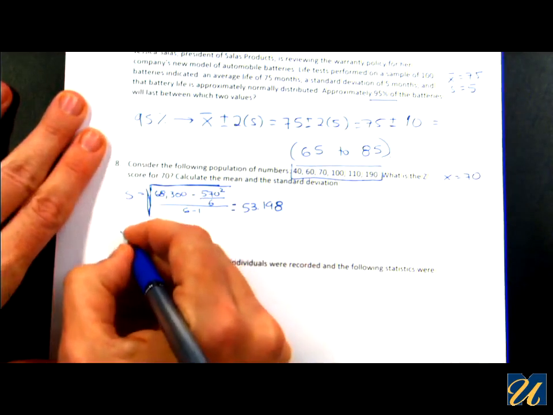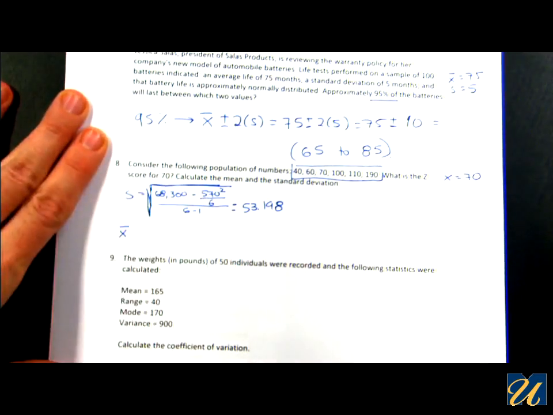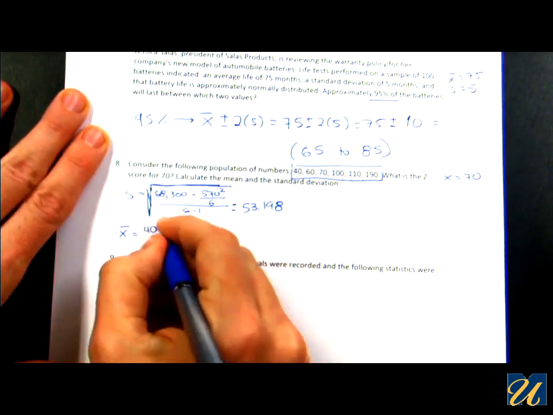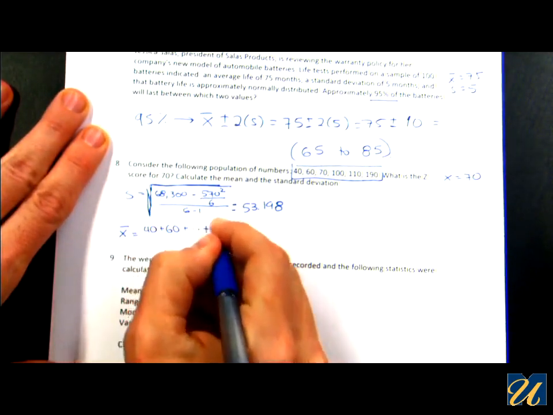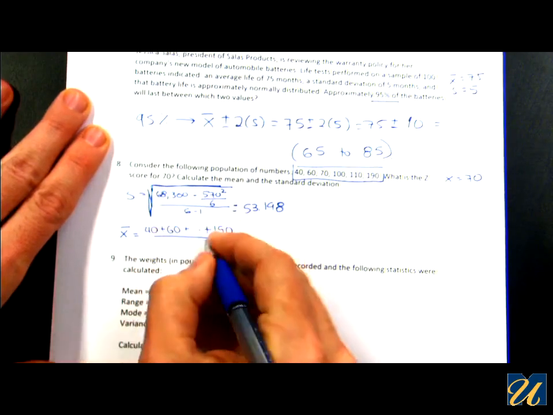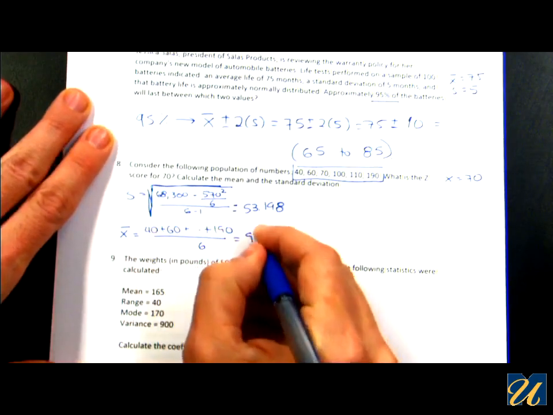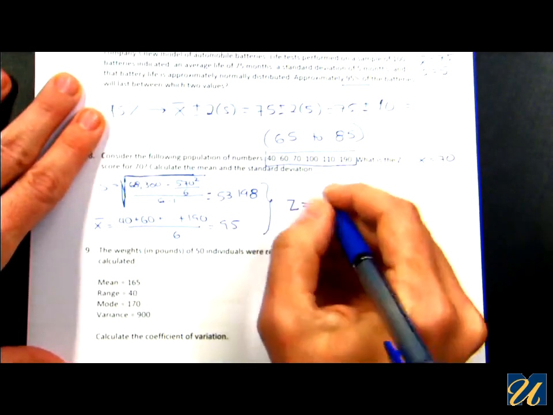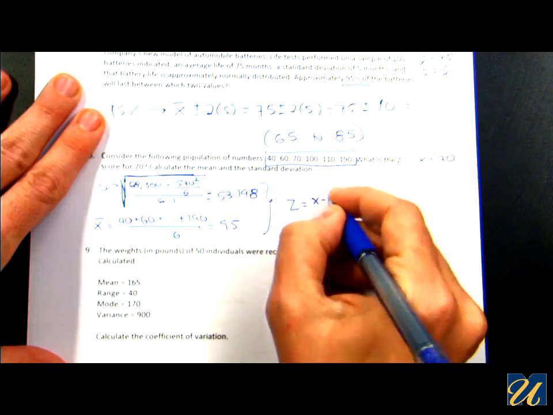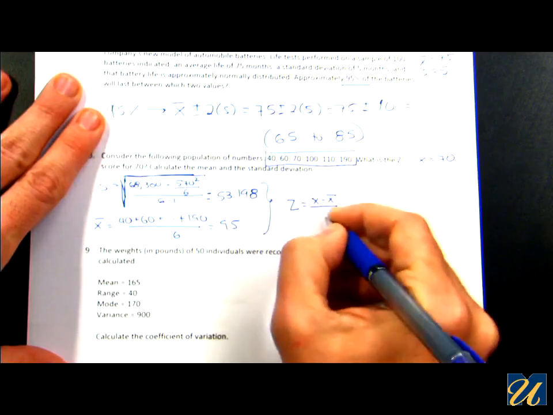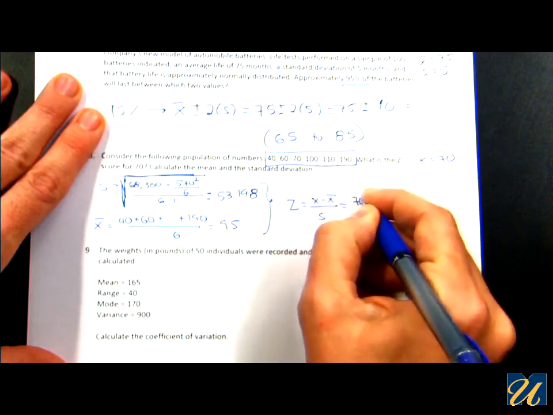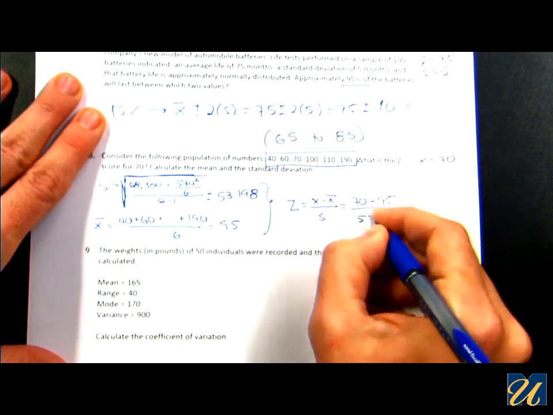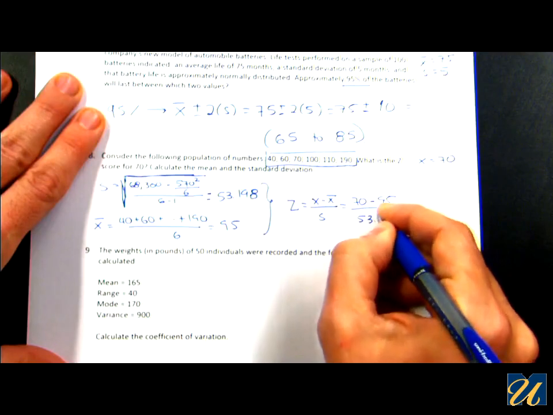To find the average, we add them all and divide. So you would do 40 plus 60 plus up to 190, over 6. So this would be 95. And the z-score is x minus x bar over s. x is 70, minus 95, over 53.198.